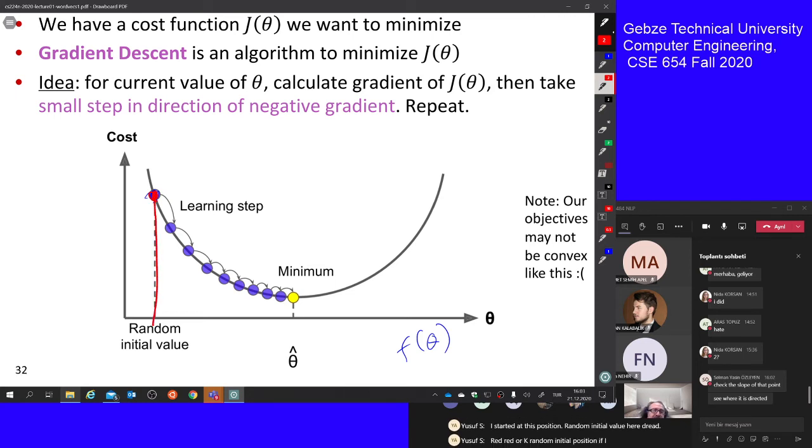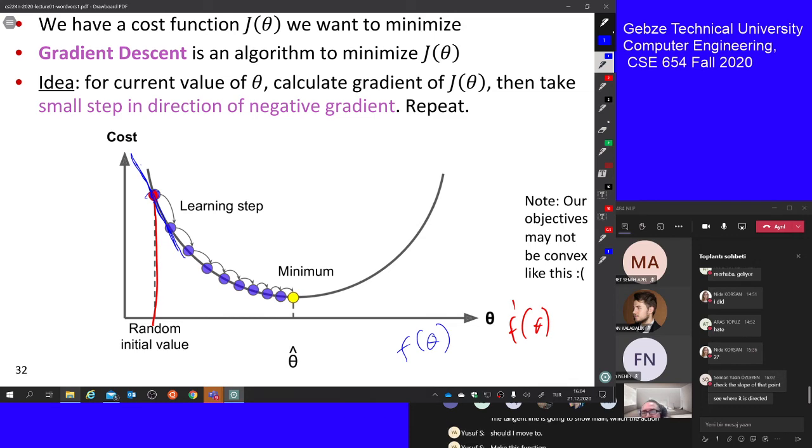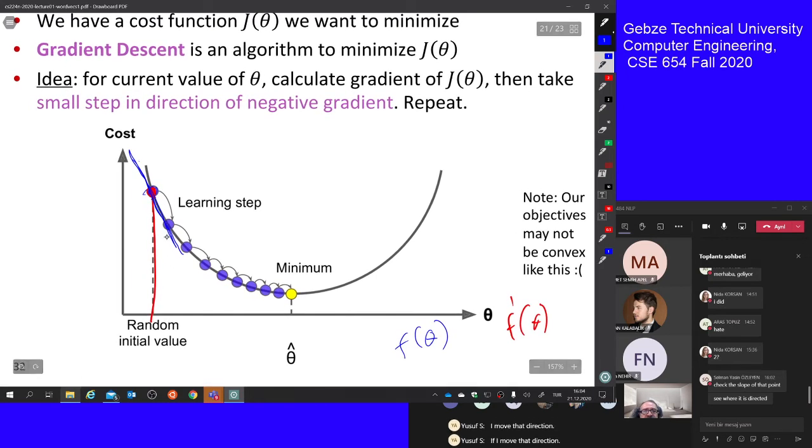If I take the derivative with respect to theta, that derivative will give me the slope, right? It will give me this tangent line in blue. That tangent line is going to show me which direction I should move to make this function smaller. So it would tell me that if I move in that direction, it will be smaller. Now I came to here.